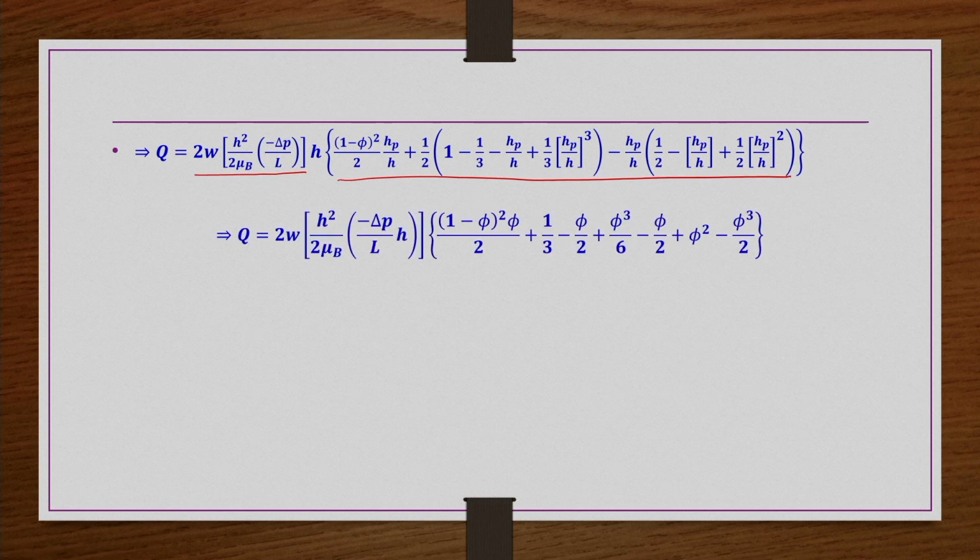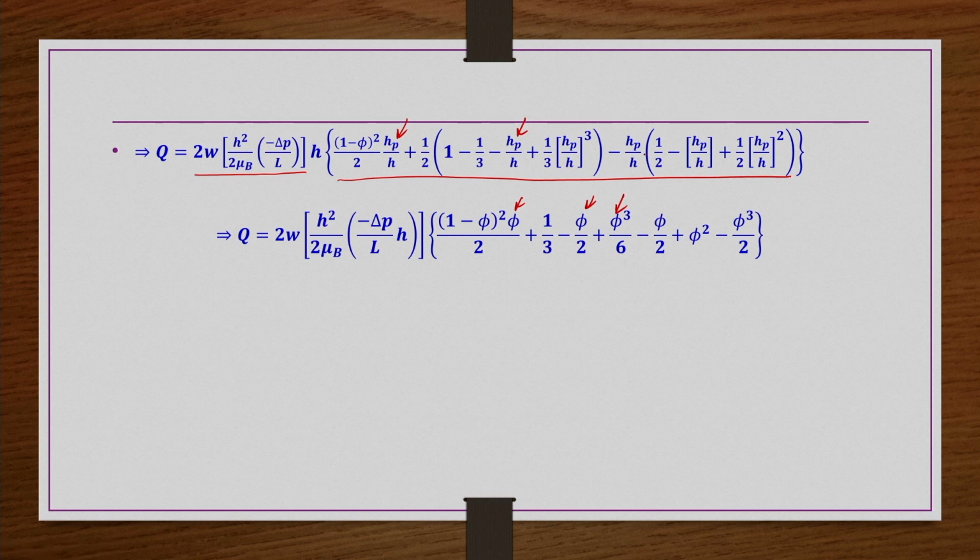Further, you combine the terms: wherever this Hp by H is there, by taking that H common you get Hp by H terms everywhere in all the 3 terms. So, in place of Hp by H we write phi, here also phi, and here Hp by H whole cube we write as phi cube.